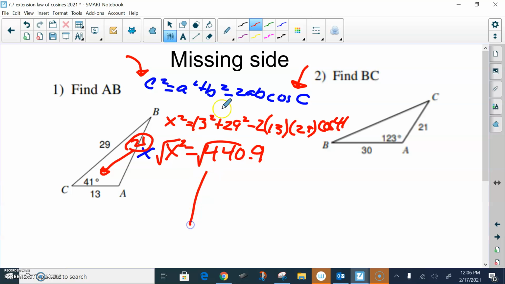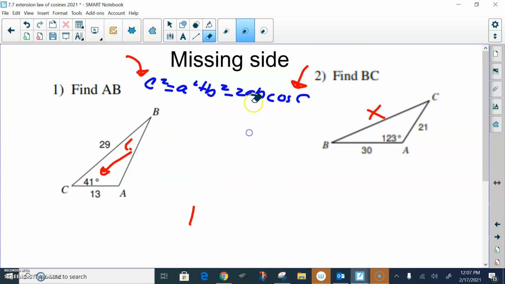Let's try it again. So our unknown in this case is side BC. So again, I either start with an unknown angle or the unknown side, so they're across from each other. So let me make some room to work here. So I'm going to start with x squared, my unknown, or c squared if you'd like.